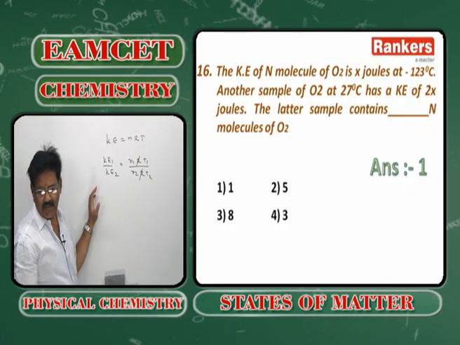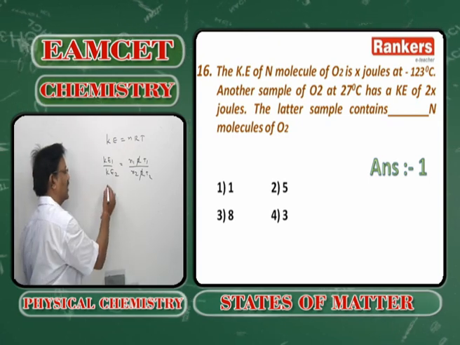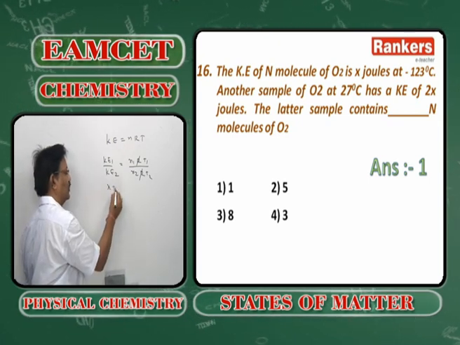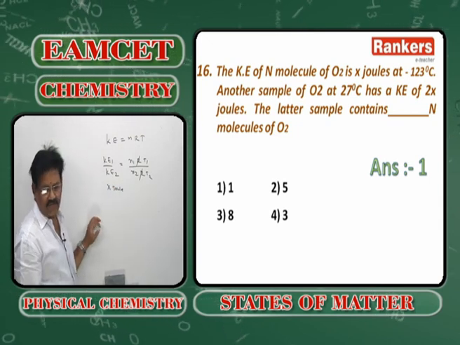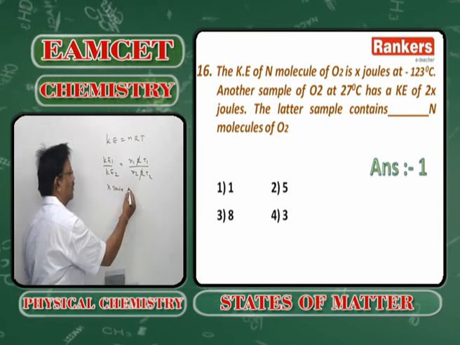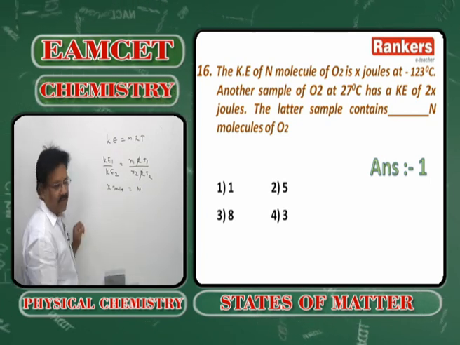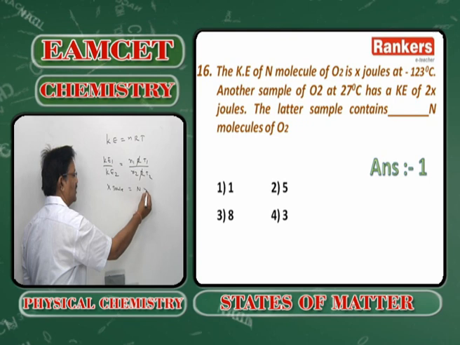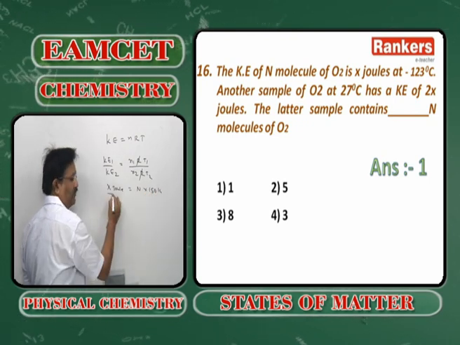What is the KE1 value? X joules. What is N1, the number of molecules? N. What is the temperature T1? Minus 123 degrees centigrade means 150 Kelvin.